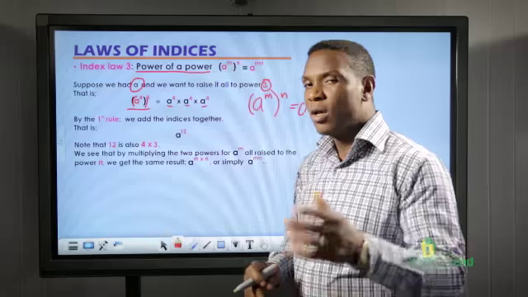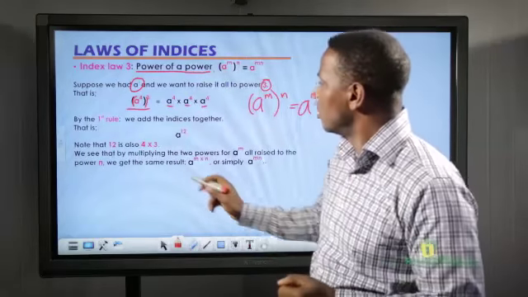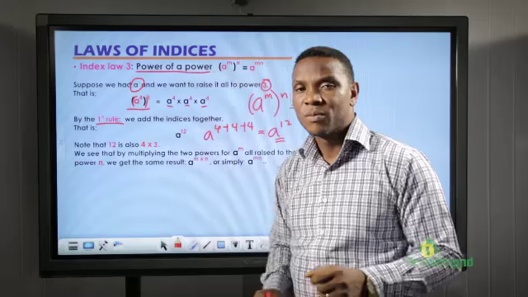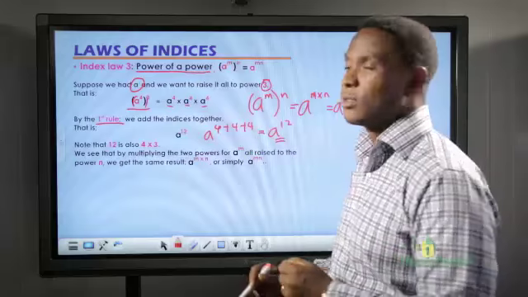That's pretty long. But a shortcut would be using the first rule of indices that we learned earlier, which would be a raised to power 4 plus 4 plus 4, which of course would give us a raised to power 12. This is good enough, but there is another shorter method.